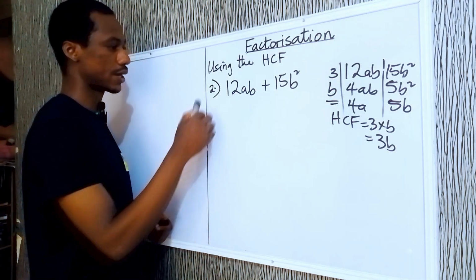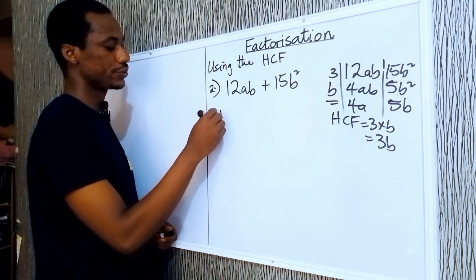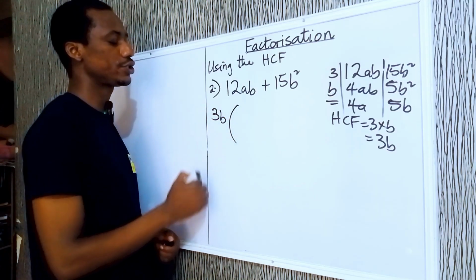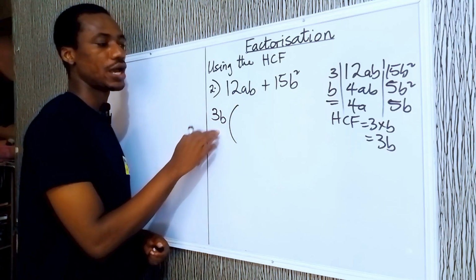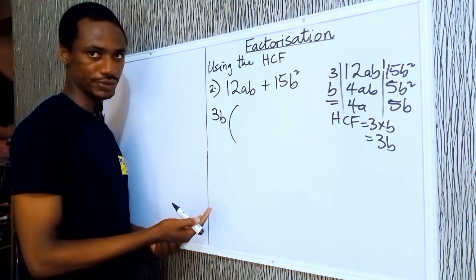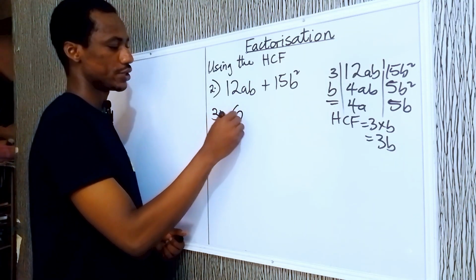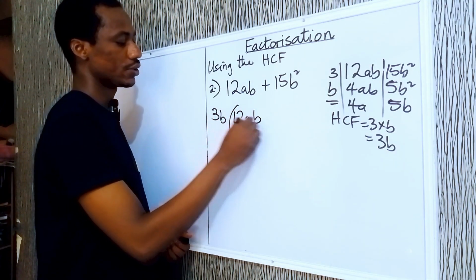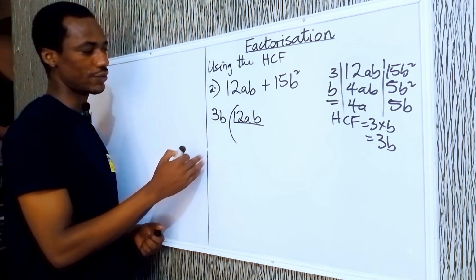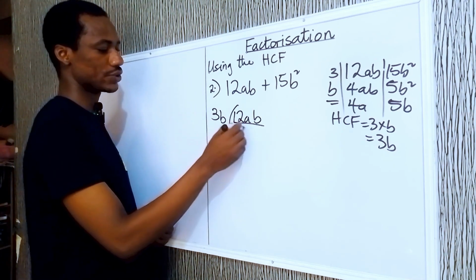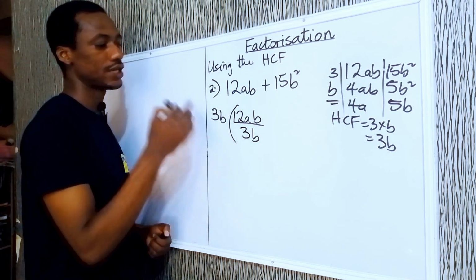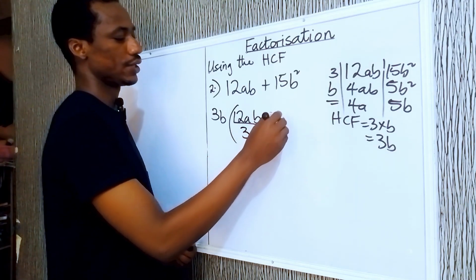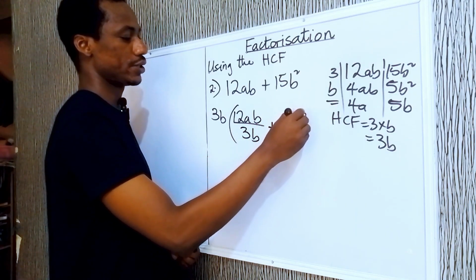So let's come back here. We bring out 3B and we divide each term by 3B. Since we are factoring out 3B, we have to know what we have left, and that can only be done by dividing each term by the HCF we have got, which is 3B.